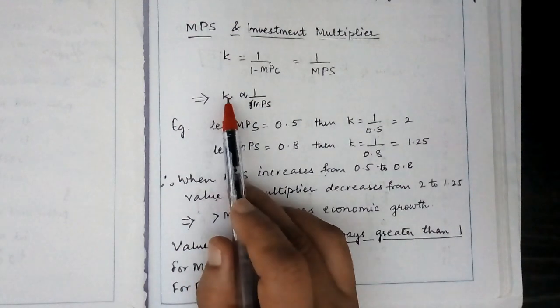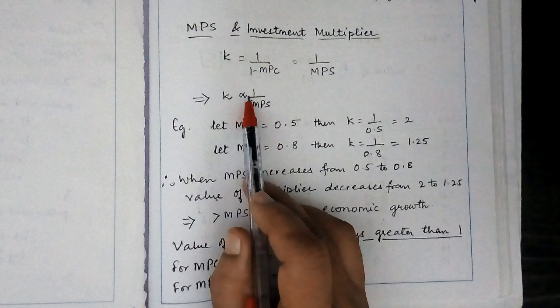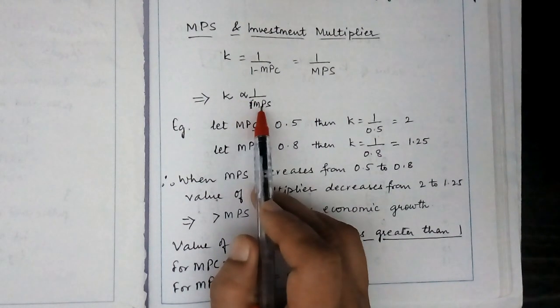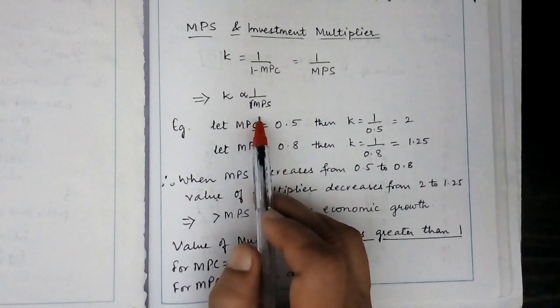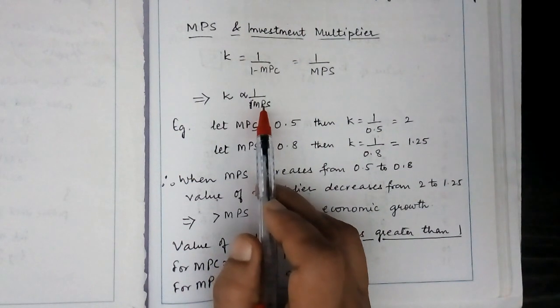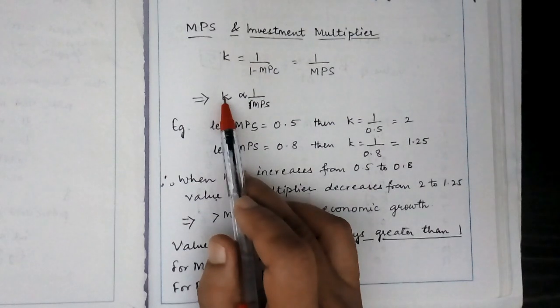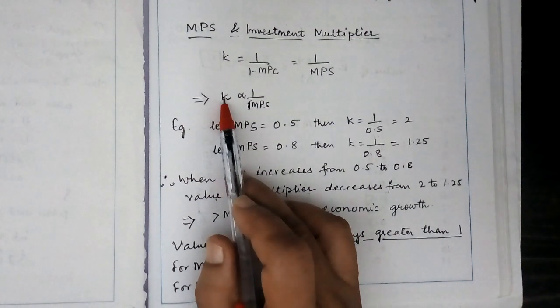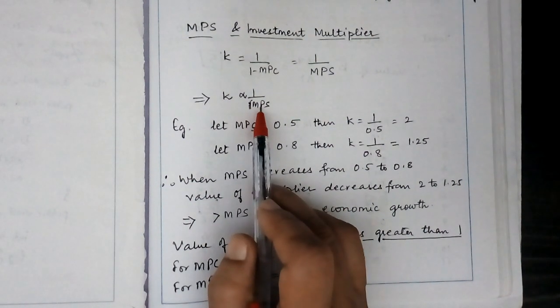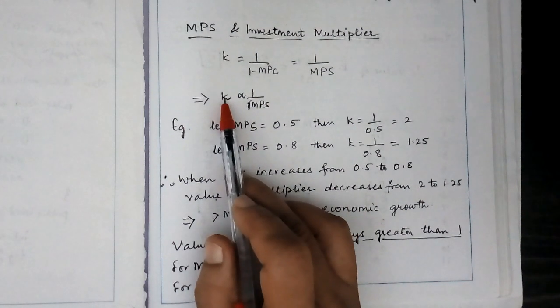That is, the investment multiplier K is inversely proportional to marginal propensity to save. Inverse relationship shows that when MPS increases, investment multiplier decreases, and when MPS decreases, investment multiplier increases.